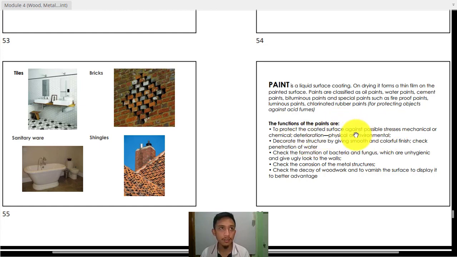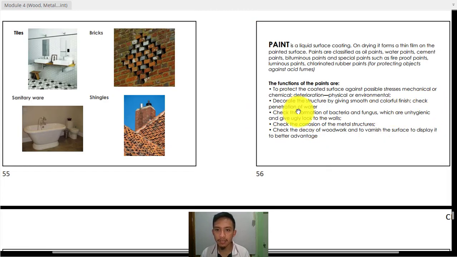Or if that surface is in contact with chemicals, then maybe we need to apply a certain type of paint which is chemical resistant to protect that certain surface. And then of course, another function of paint is aesthetics, to decorate the structure by giving a smooth and color finish. And then check penetration of water, that is waterproofing, which could be done with waterproofing paints.